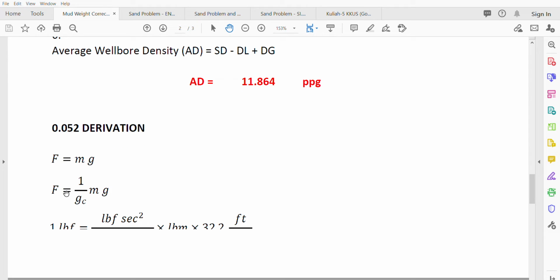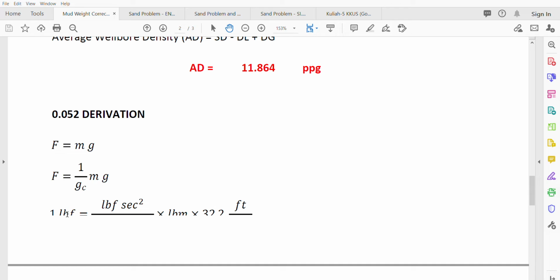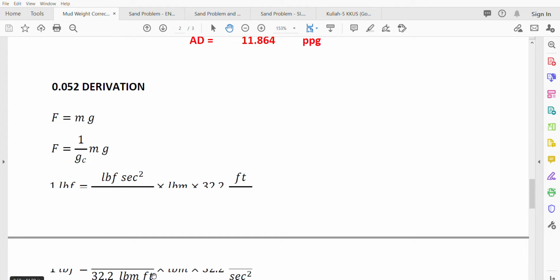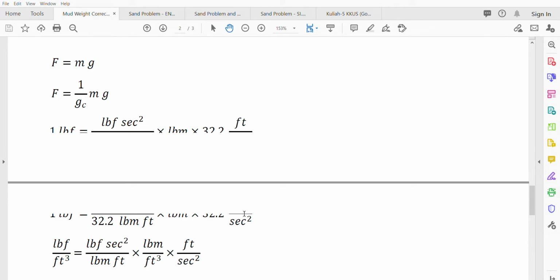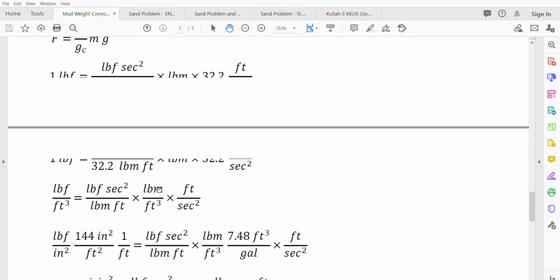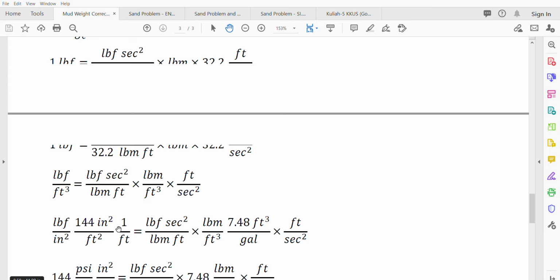If we put the numbers in here, 1 pound force, GC actually is 32.2 pound mass feet divided by pound force second square. This is called GC. M is pound mass and G is 32.2 feet per second square. If we divide everything by feet cubed, I have this number here, in pound force per feet cubed.